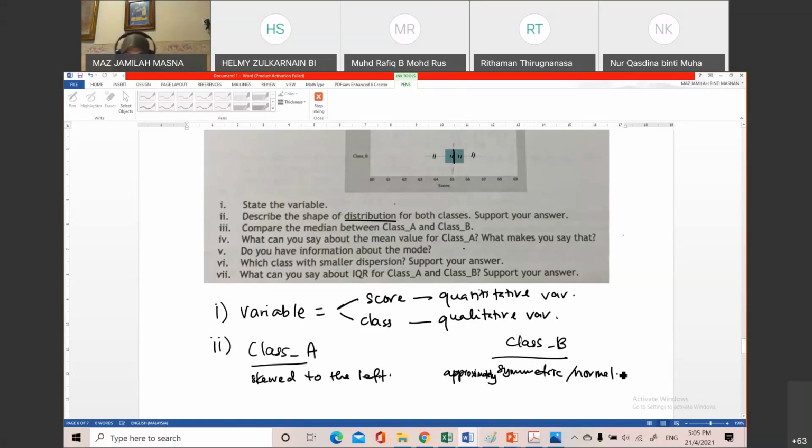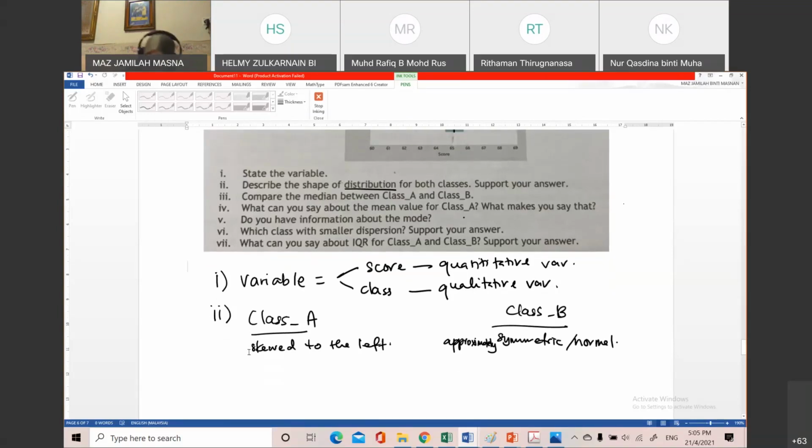Support your answer. Now, how do you support your answer? For class A, you can say: longer whisker towards the minimum value, minimum data.